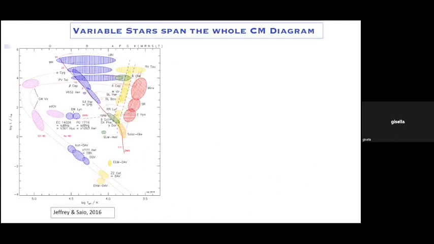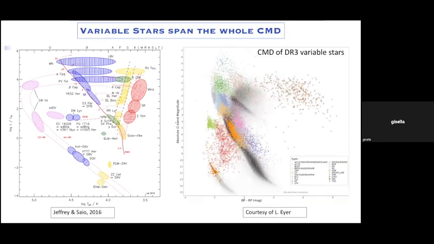Now, we know that variable stars span the whole color magnitude diagram, and indeed the variable stars in Gaia DR3 do span the whole color magnitude diagram. You can see this on the plot on the left.